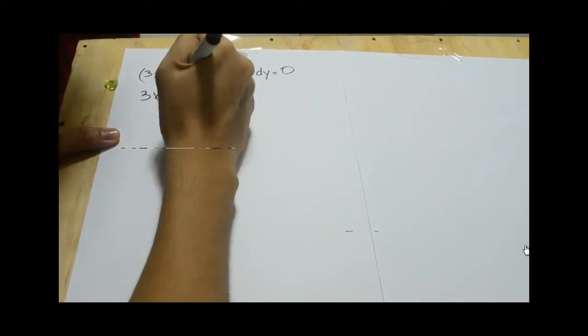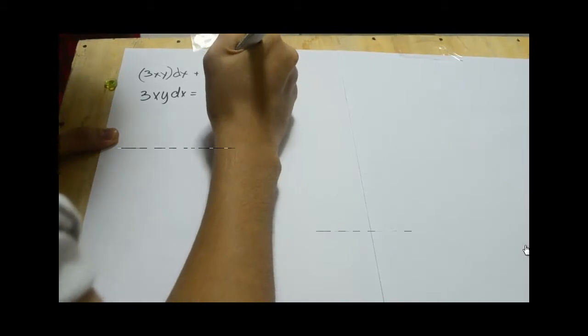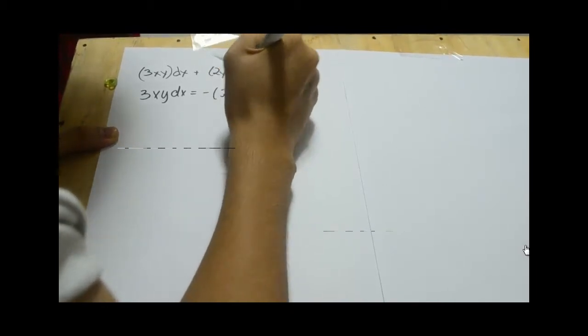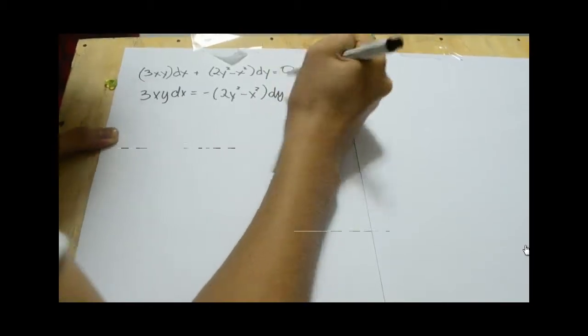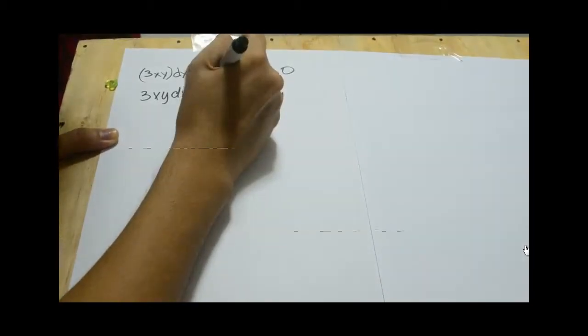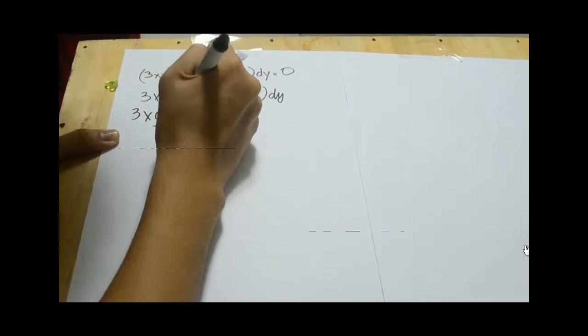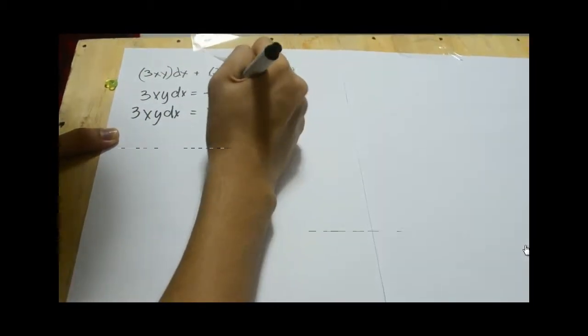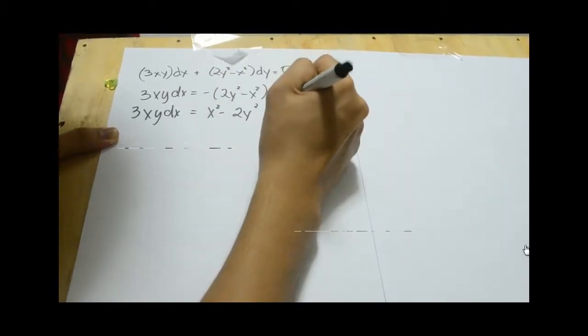The xy dx is equal to negative 2y squared minus x squared dy, or you can distribute the negative there, so it will become 3xy dx is equal to x squared minus 2y squared dy.